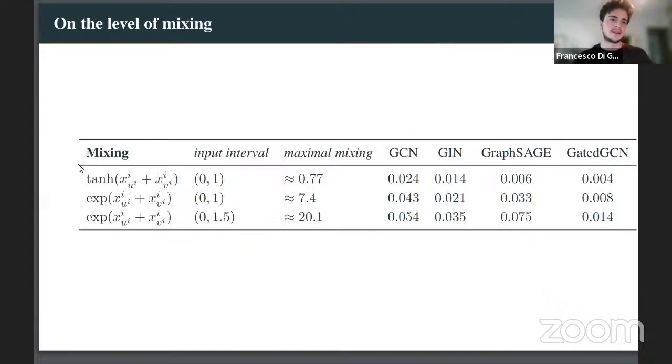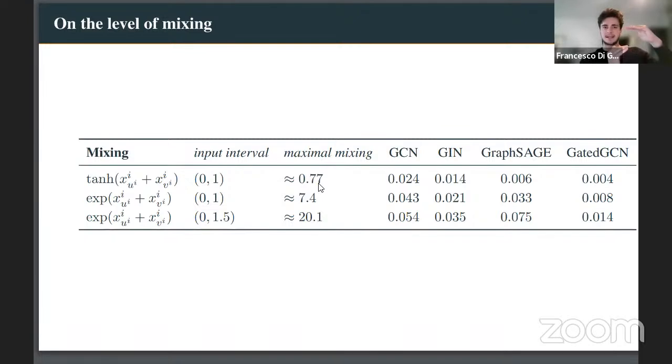And the final experiment was validating that if we fix instead the topology, so the commute time between the source and target, we fix the architectural components, but we change the task. So we change the mixing required by the task. For example, look at the first 2 rows. In the second row, the function we want to regress has a mixing that is an order of magnitude larger than the first row.